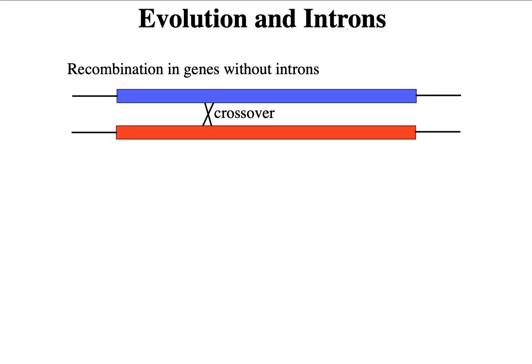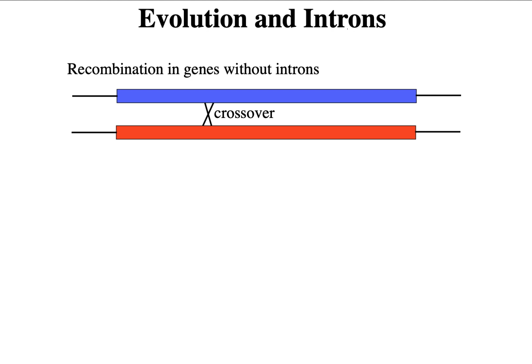The inclusion of introns in mRNA genes and other genes has been quite successful, and that's because it increases the rate of leading to new combinations of genes and parts of proteins.